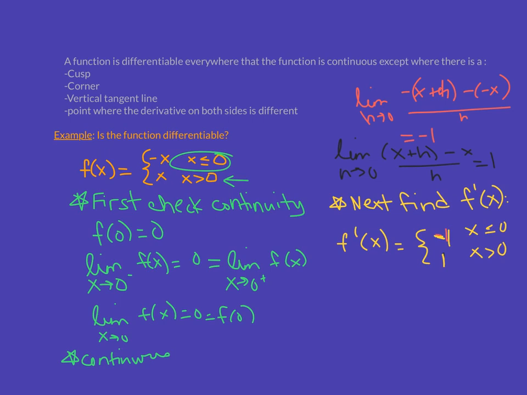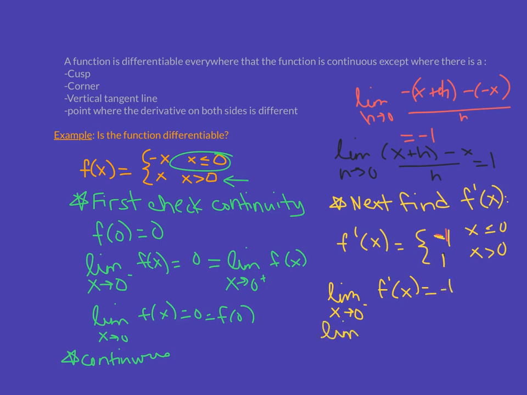So now that we have found the derivative, we need to determine if the derivative from both sides is the same. You might be able to see that it's actually not, but I'll show you using limits. So the limit as x approaches 0 from the negative side of f prime of x, of our derivative, is equal to -1.